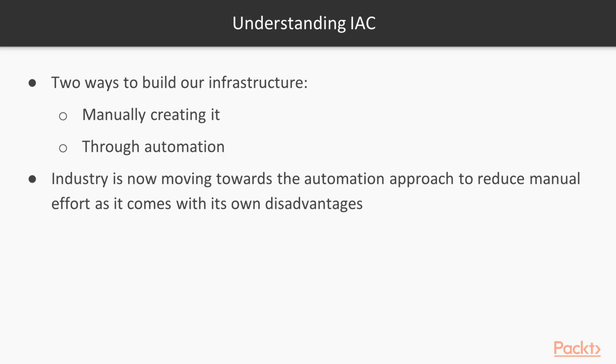It may be AWS CLI, it may be an Ansible role, or it may be through CloudFormation. So there are always two ways. The industry is now moving towards automation because it reduces the amount of manual work and the amount of errors that one might make during the manual creation of infrastructure. So let's go ahead and understand more about infrastructure as code and why exactly the industry is moving there.